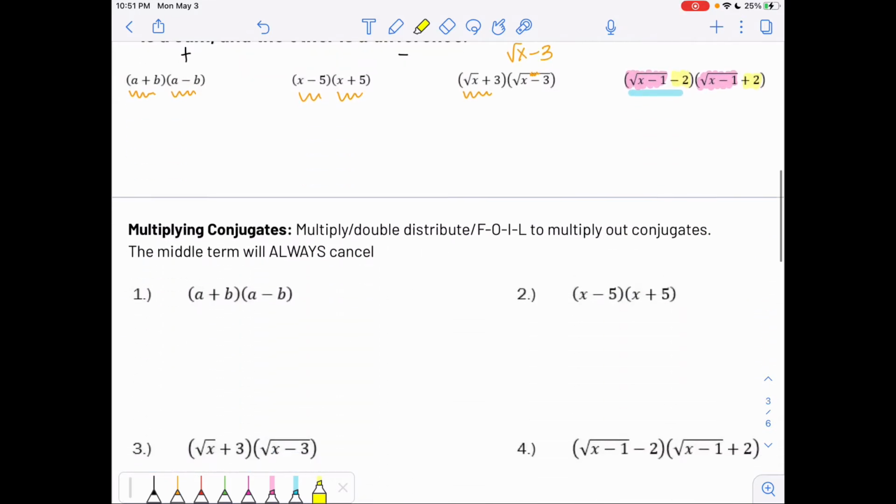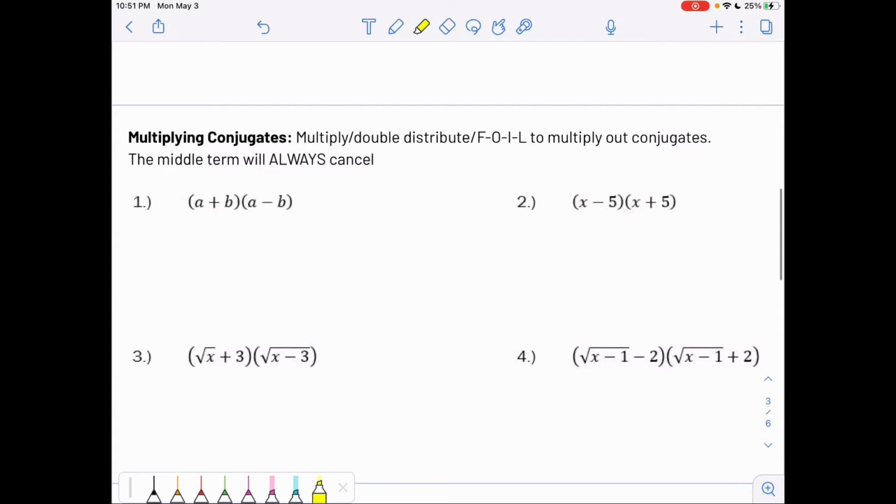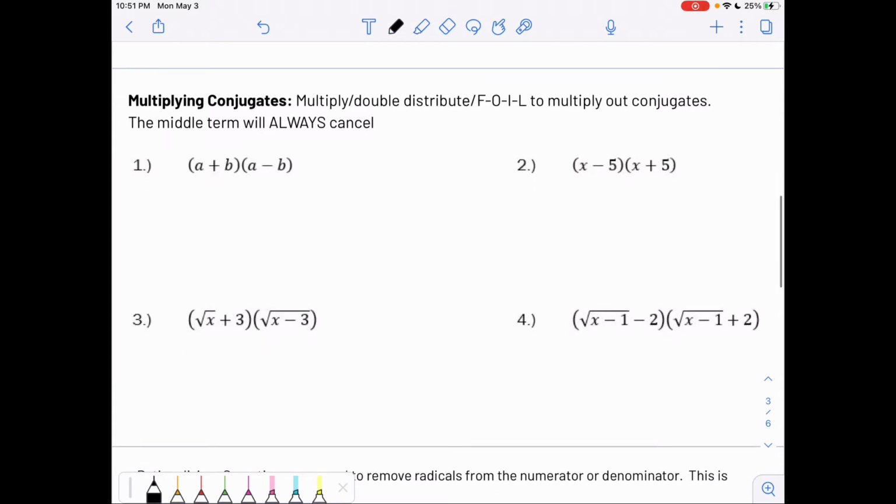Okay, so let's actually talk about what happens when you multiply these binomials together. When you multiply the conjugates, you have to multiply, or double distribute, or FOIL, whatever you're comfortable saying. Your middle term is actually always going to cancel. So let's show what happens with example 1.